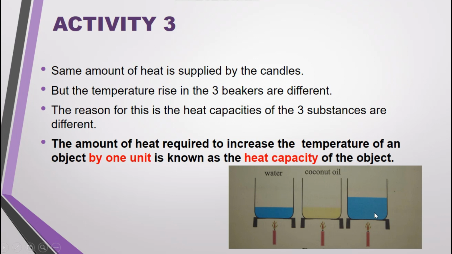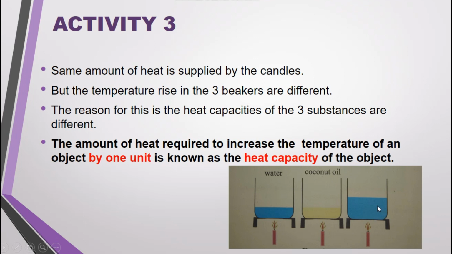What is the reason for this? The specific heat capacity of coconut oil is less than the specific heat capacity of water. Because of that, first the coconut oil starts to increase. After that, the smaller amount of water starts to increase. After that, the water with double the amount will start to increase.